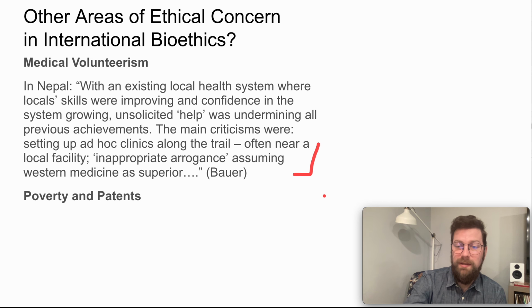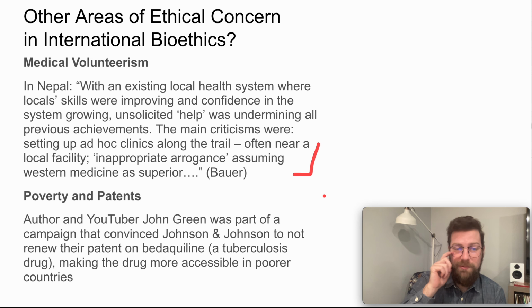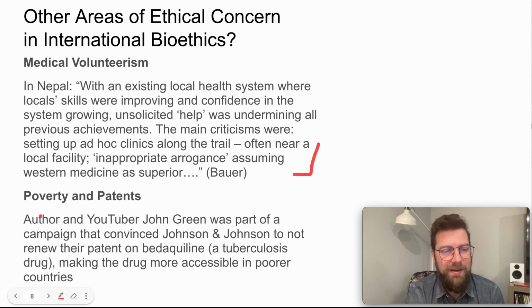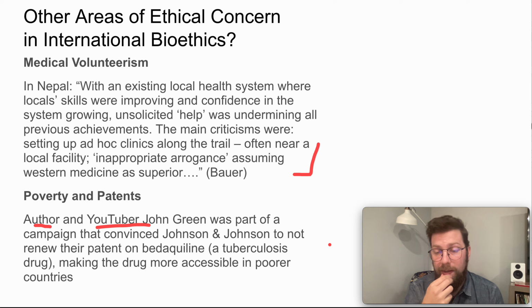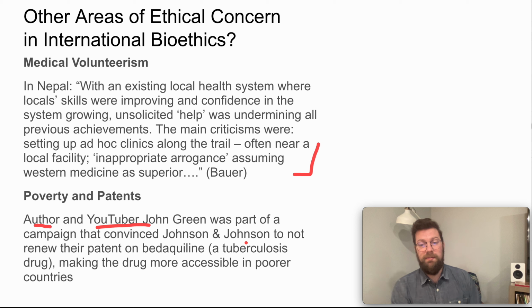Another recent story from 2023, you might know about the author and YouTuber John Green. Mr. Green has recently taken part in a campaign that convinced Johnson & Johnson, the drug company, to not renew their patent on a drug called bedaquiline. And bedaquiline is one of the most important drugs for fighting tuberculosis.